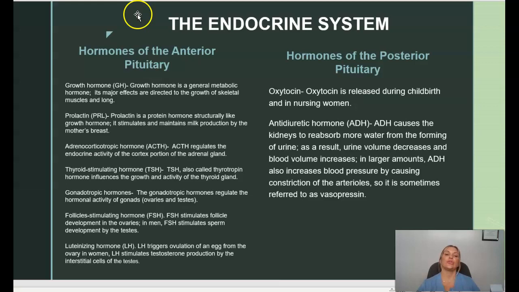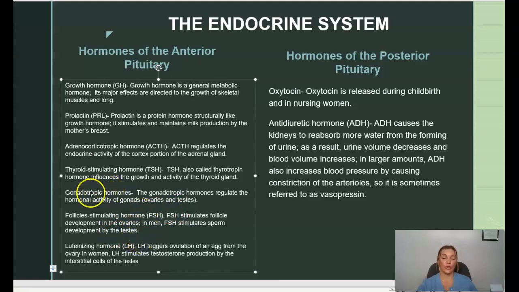I'm not going to read all of these down here through the anterior pituitary list because you can read them, but as you can see, the anterior pituitary gland produces growth hormone, prolactin, thyroid stimulating hormone, also the FSH, which we talked about in our reproductive lesson, the follicle stimulating hormone, and then the luteinizing hormone as well.